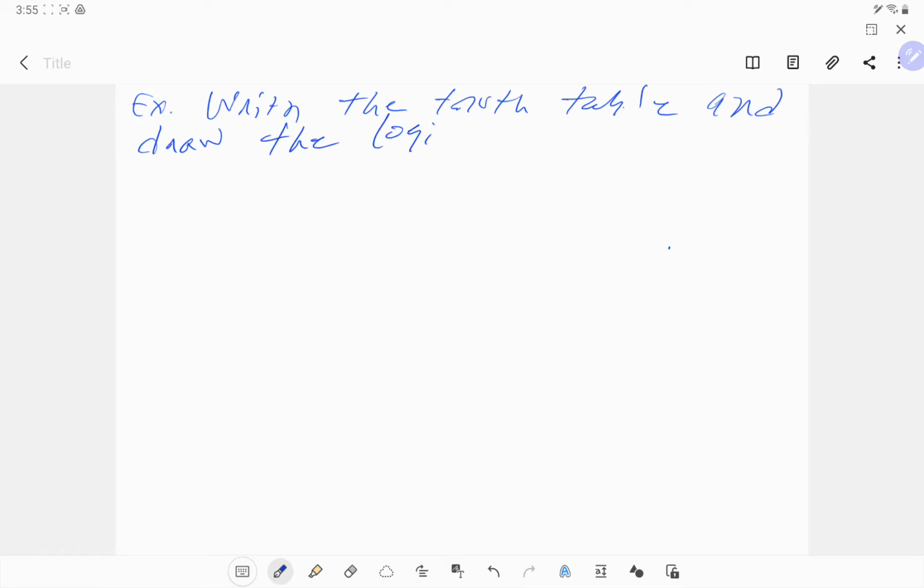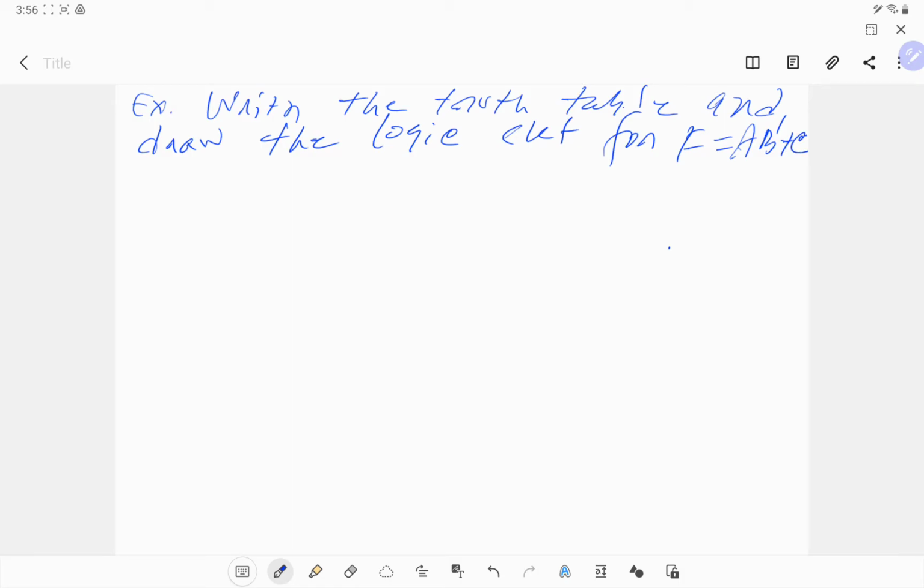Write the truth table and draw the logic circuit for a function of three variables, ab prime plus c.